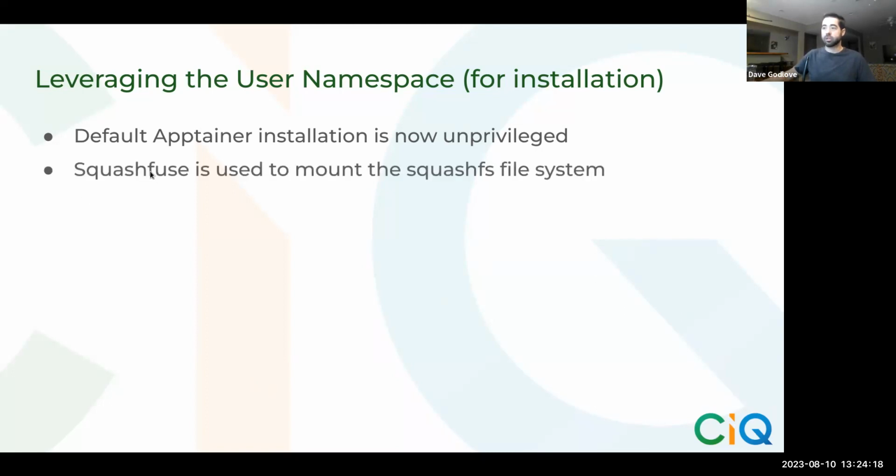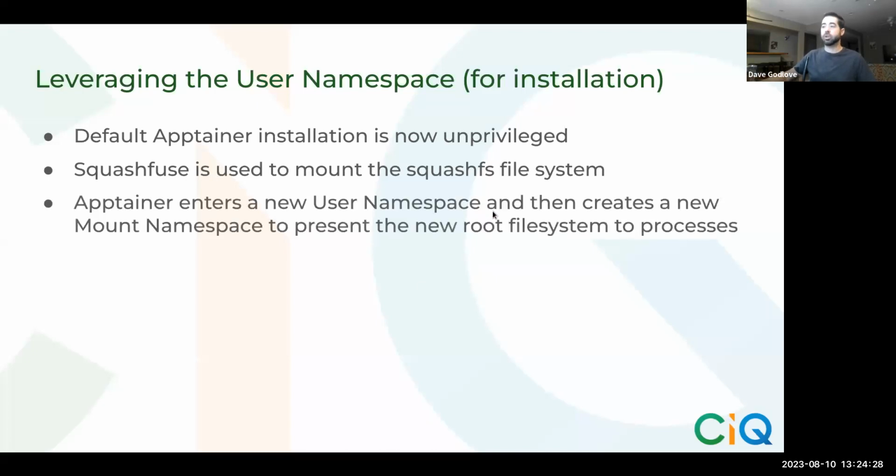It's going to use squashfuse to mount the squashfs file system, which has your container root file system in it within the CIF file. And it's going to enter the user namespace to gain the privileges that it needs to create a new mount namespace and to do all the mounting operations and everything to present the processes inside the container with that new root file system.